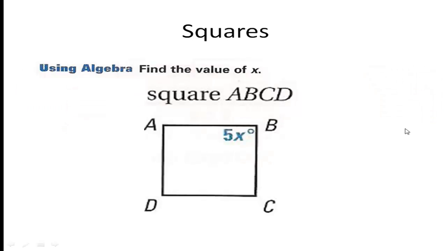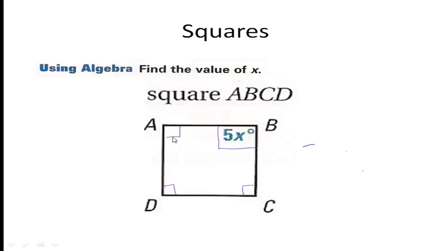Next example. This is our last example for squares. It tells you to find x. Notice, this is a square. So I know that this angle here, remember the definition of a square: all sides are congruent and it has 4 right angles.